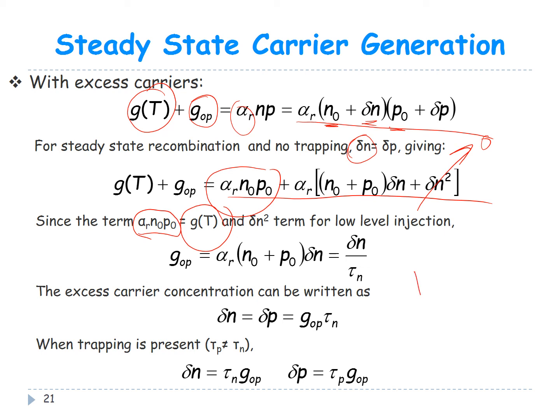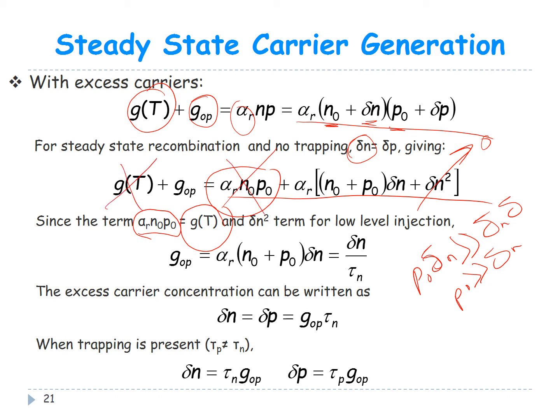Remember, for a P type material, delta N is much greater than delta P, because P naught is much greater than delta N. So we can get rid of that, and if you do that, you'll find that if this is the thermal generation rate, this term goes and that term also goes.